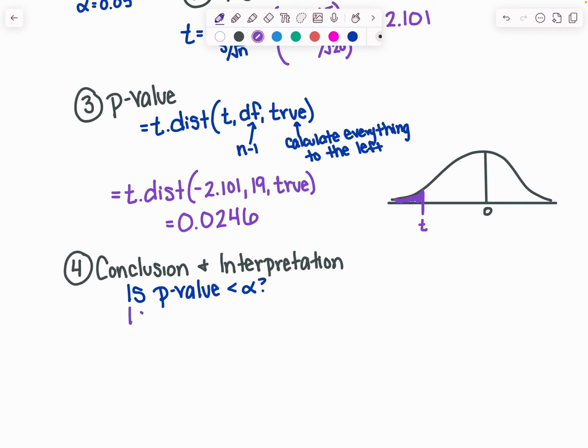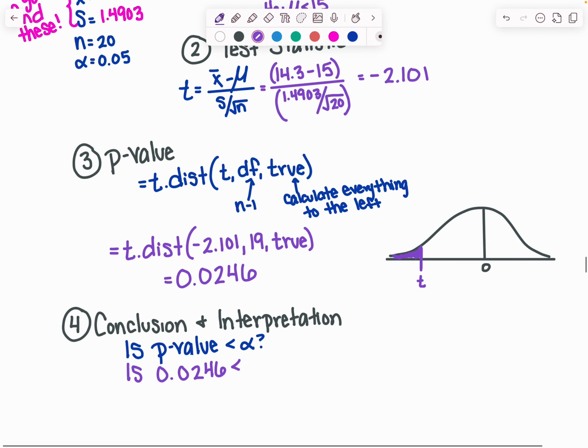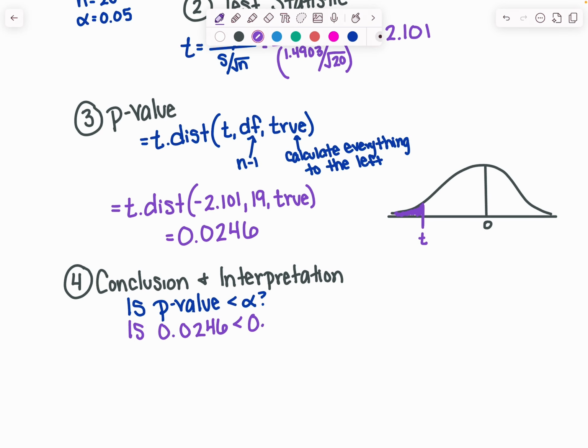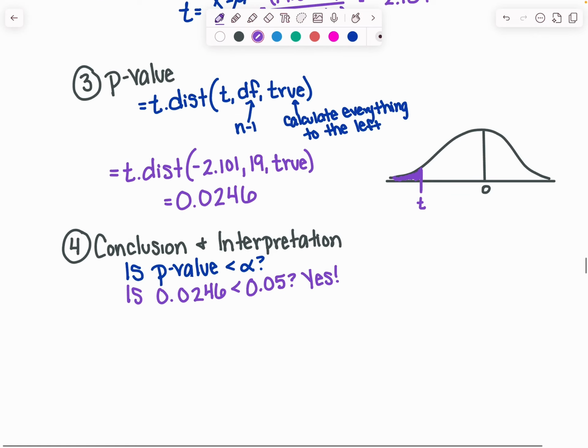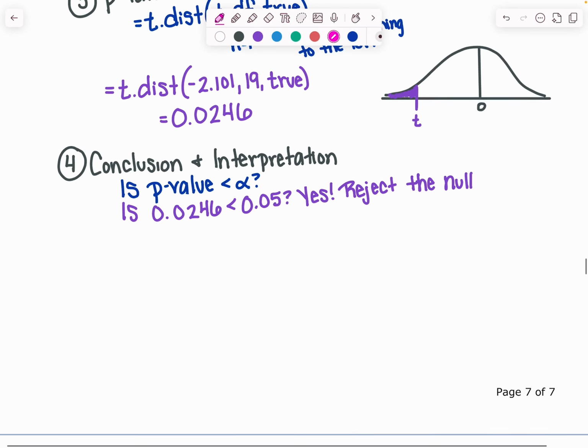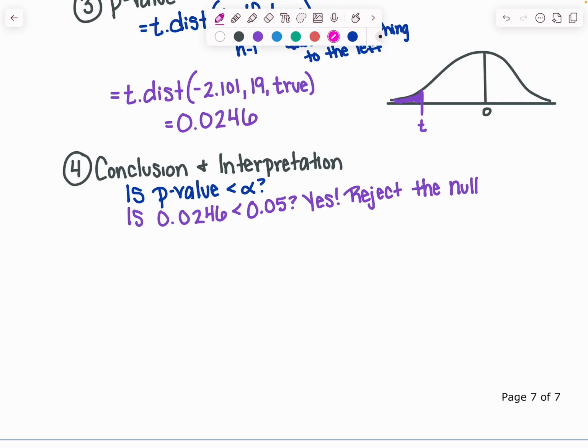Is 0.0246 less than 0.05? Yes, it is. Since our p is low, we are going to reject the null hypothesis. And then we can write out our interpretation.